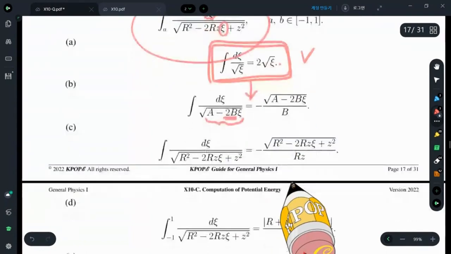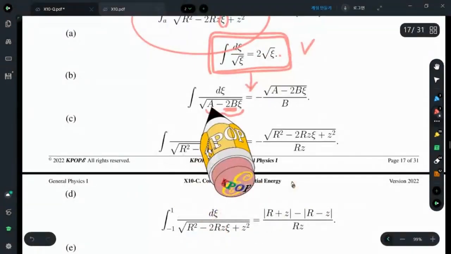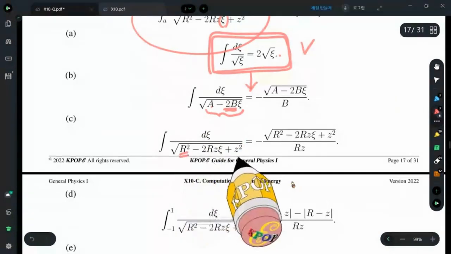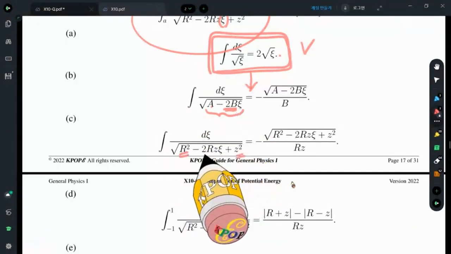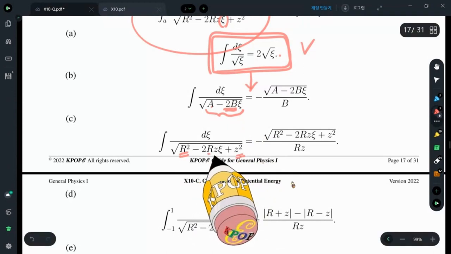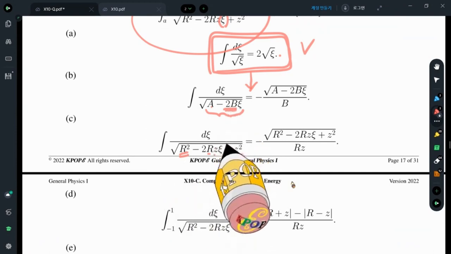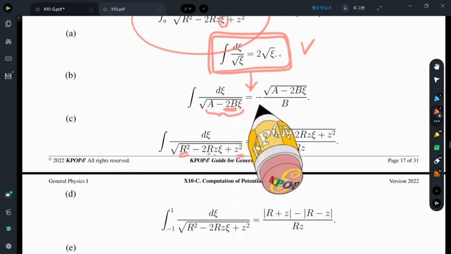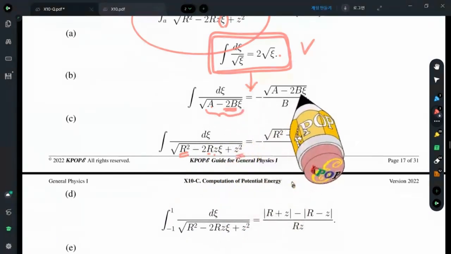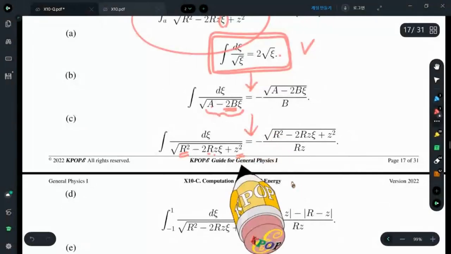And then next step, this A is this, B is replaced with R times Z. Now, this is the final form, and you will find what A and B are, and just substitute these values into here to find out the integral table.